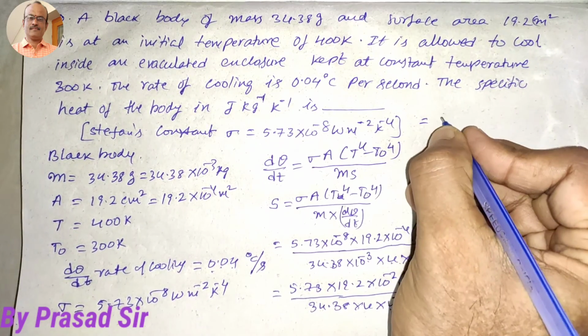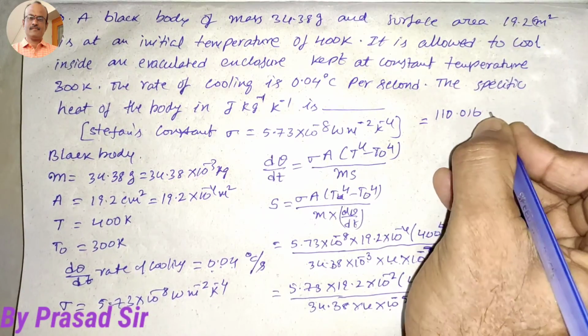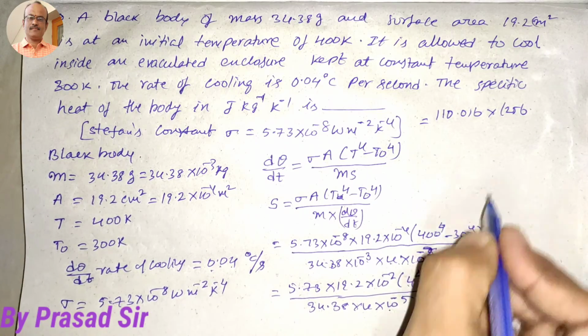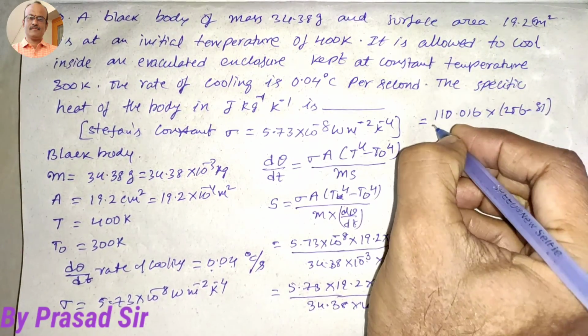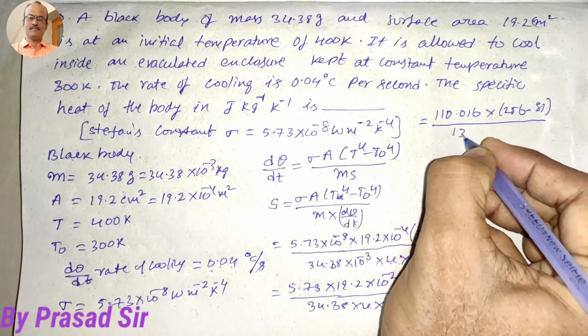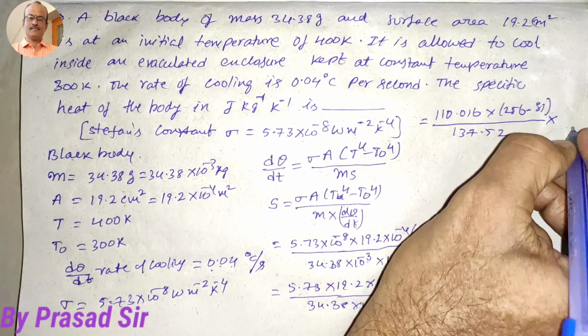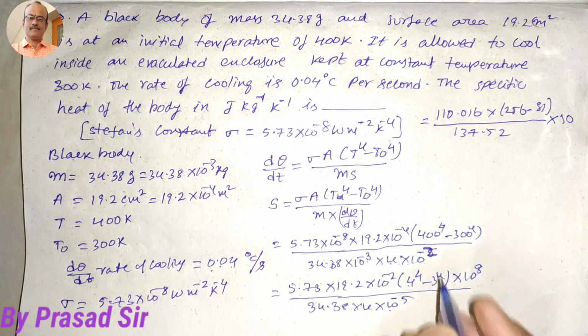Now here simplification on all these ones, 110.016 into 256, that means 4 to the power of 4, minus 3 to the power of 4, 81, divided by 137.52 into simply 10 on simplification of all these powers.